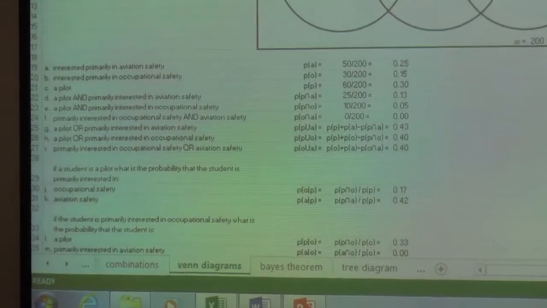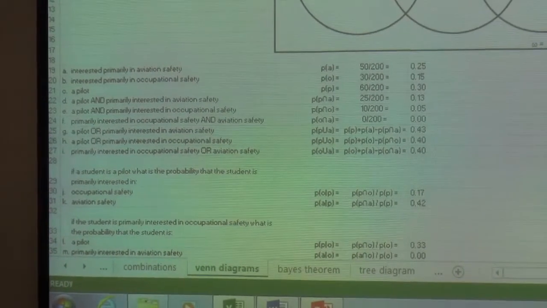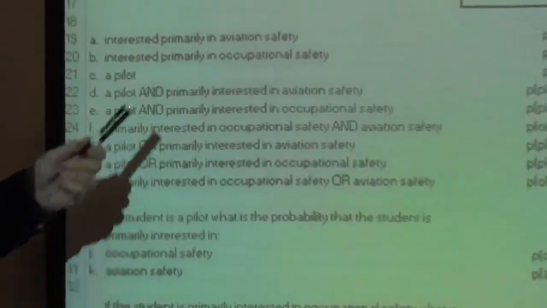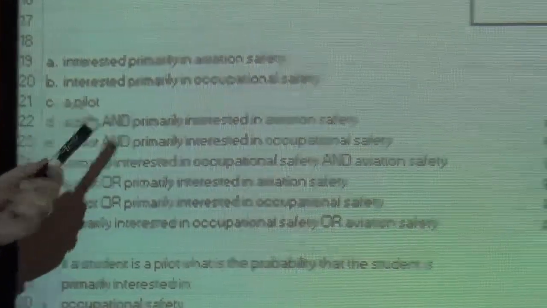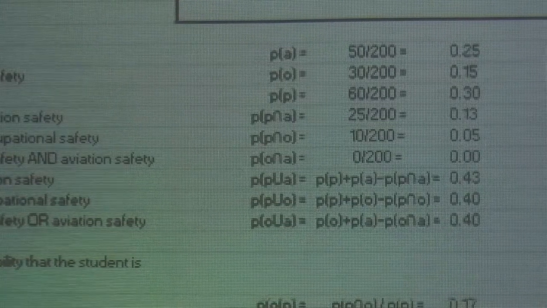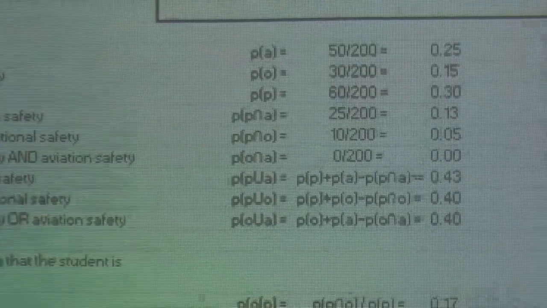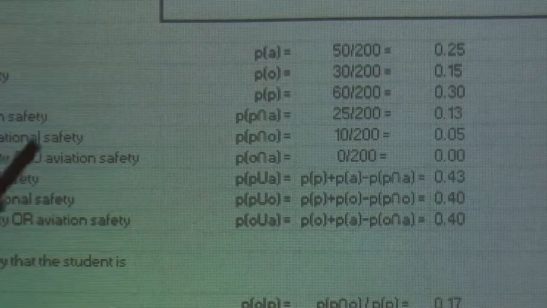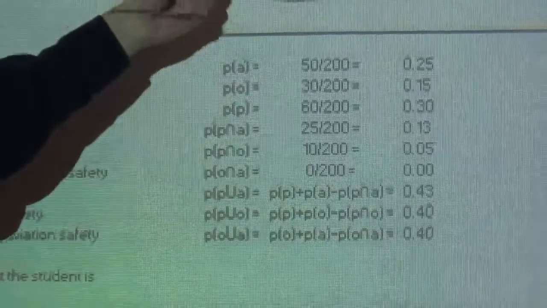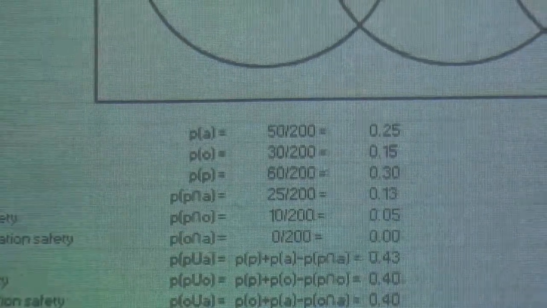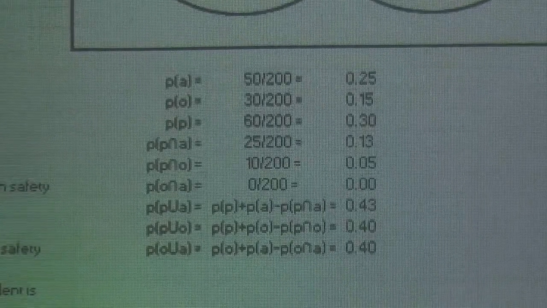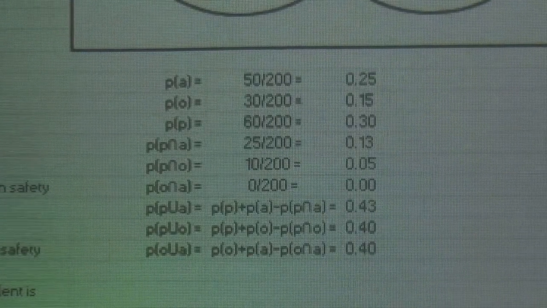So the probabilities then: aviation safety, 50 out of 200, occupational, 30 out of 200, pilot, 60 out of 200, and then pilot N is the intersection. Pilot N interested in aviation safety is 25 out of 200, and pilot N interested in occupational safety is 10 out of 200. Primarily interested in occupational safety and aviation safety, there's no intersection of the two.